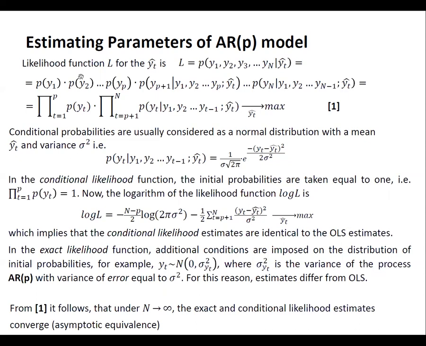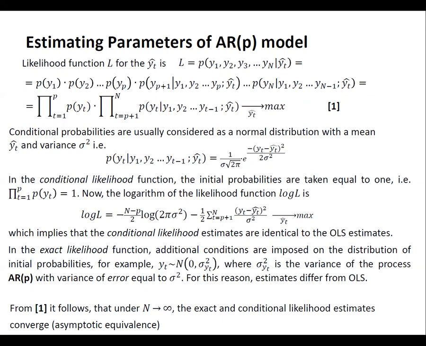The likelihood function for the autoregression model is the probability of simultaneous occurrence of observed events y1, y2, y3, and yn, provided that these events occurred as a result of the data generation process in accordance with the model YT with a cap.